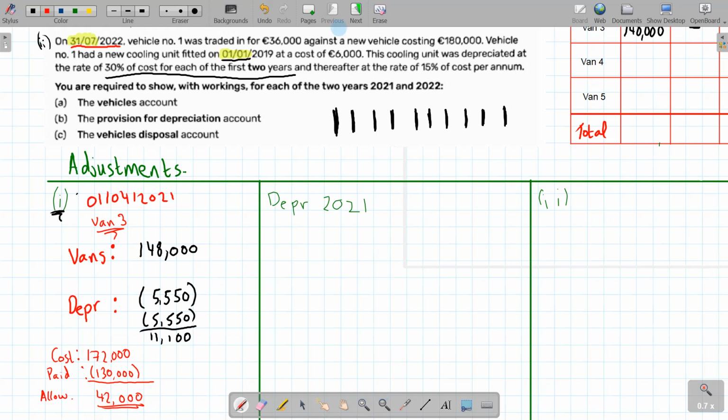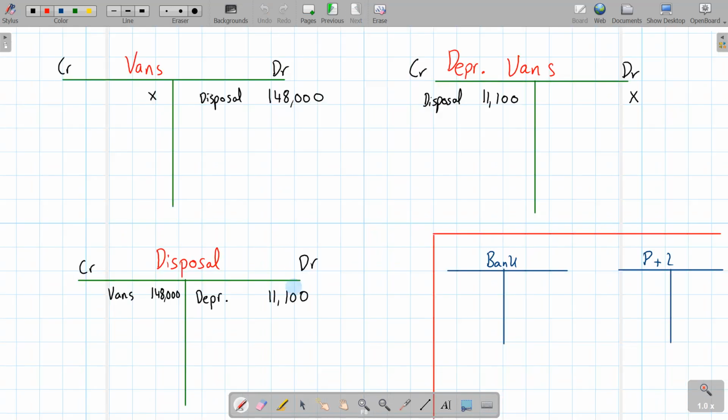If you think about what the allowance is doing, the 42,000 is kind of the equivalent of receiving money from the bank.